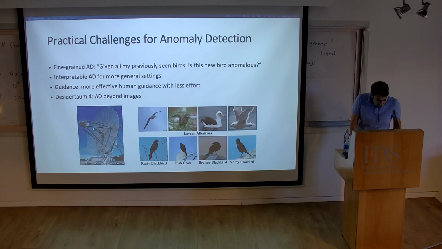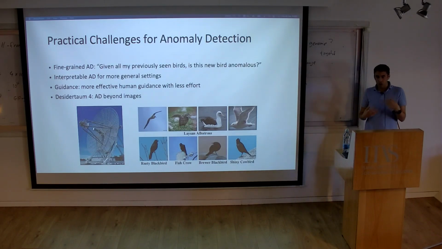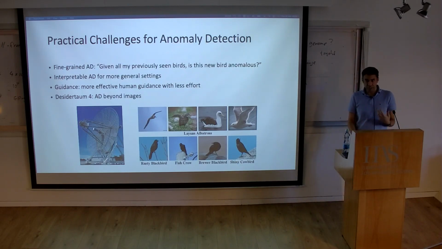A third issue is guidance. We've indicated that there are ways for the operator to specify which attributes are nuisance and to try to remove them from the representation, and then perform anomaly detection on a representation which has fewer nuisance factors. But right now this only works on toy problems.